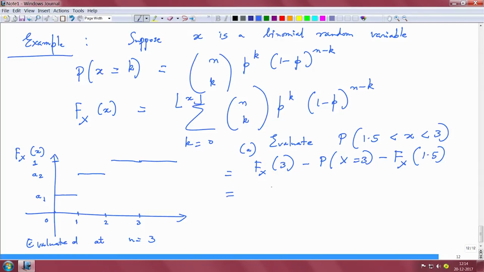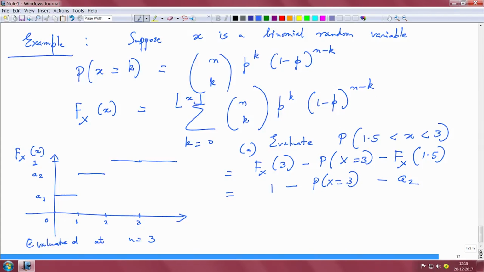So, this would be 1 minus the probability that x equals 3, which you can compute, minus f x of 1.5, which is this quantity A2, reading off from this label here. This is how you would actually compute the probability using the distribution function.